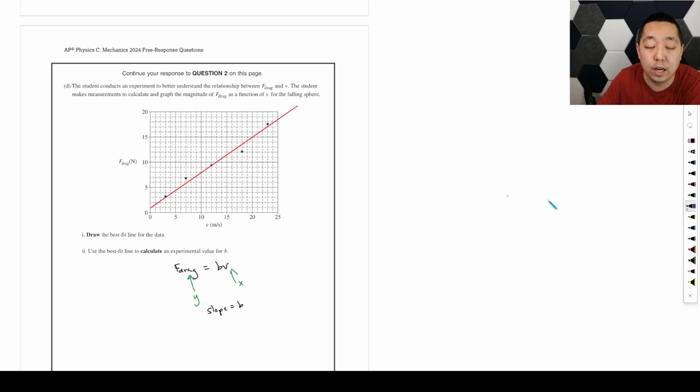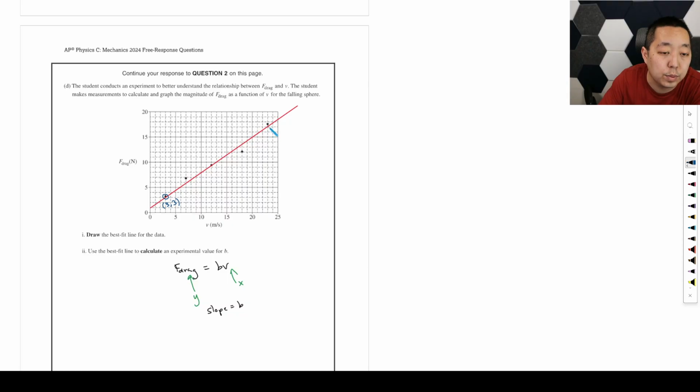We're just going to read off two points on here. We'll circle this point right here. Each of these is 1, so this is 3 comma 1, and this point is 3 comma 3.